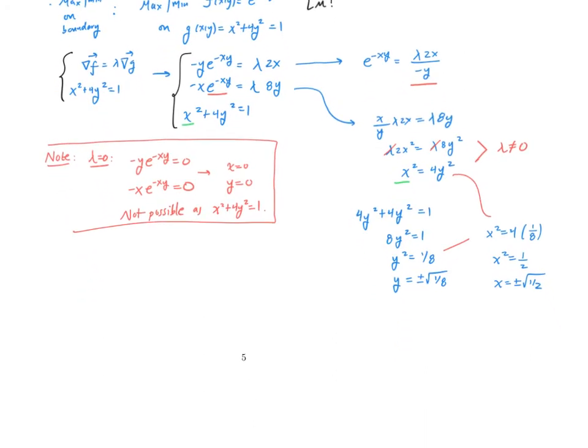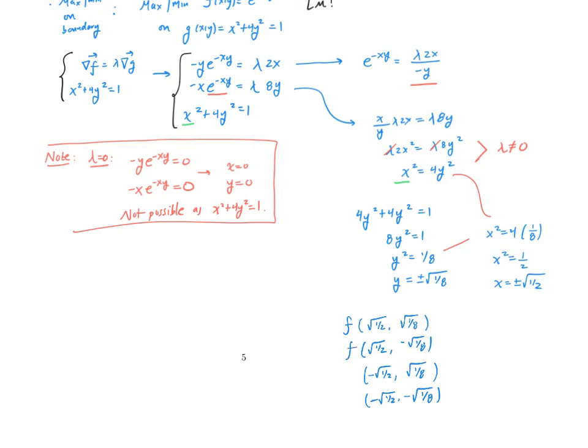4 more potential points where we can have extreme values occur. And what we need to do is evaluate our function at each of those 4 points. So if x is positive the square root of 1/2, it is possible that y is plus or minus the square root of 1/8. And then similarly with the negative square root of 1/2 for x, y can be positive the square root of 1/8 or negative the square root of 1/8.